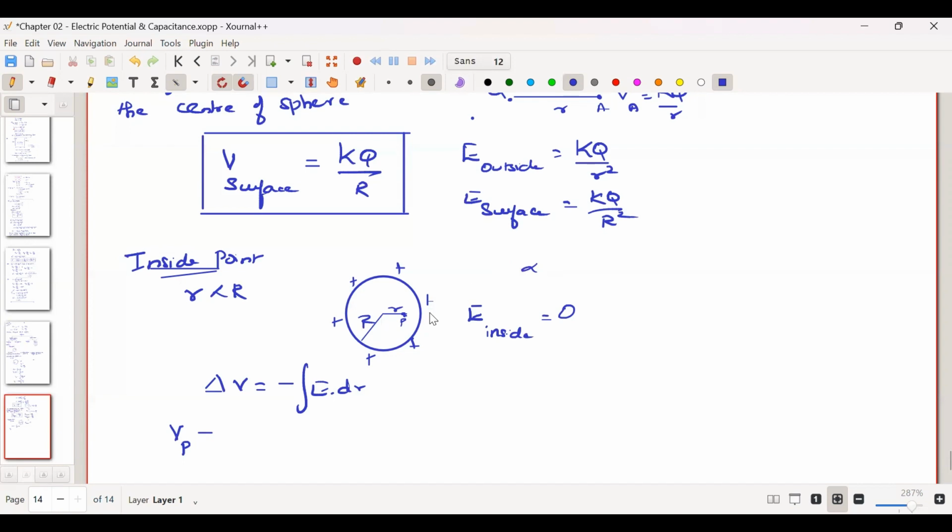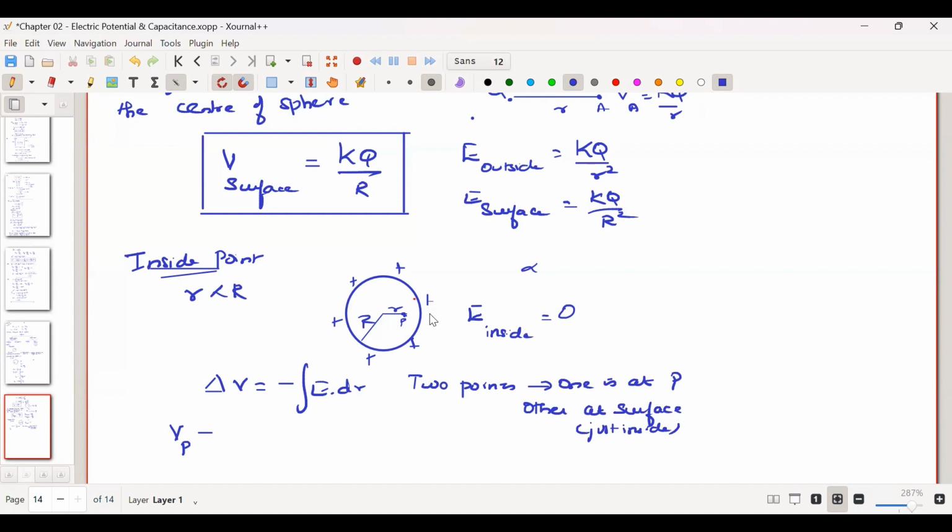We need to choose a point from where we will have a continuous function, for a continuous work done. So the other point we are going to choose is a point just inside the boundary. So we are taking 2 points to find the potential difference: one is at P, the other just inside the surface.